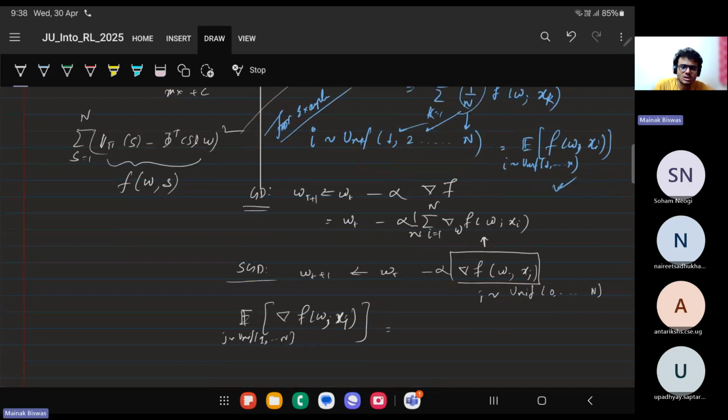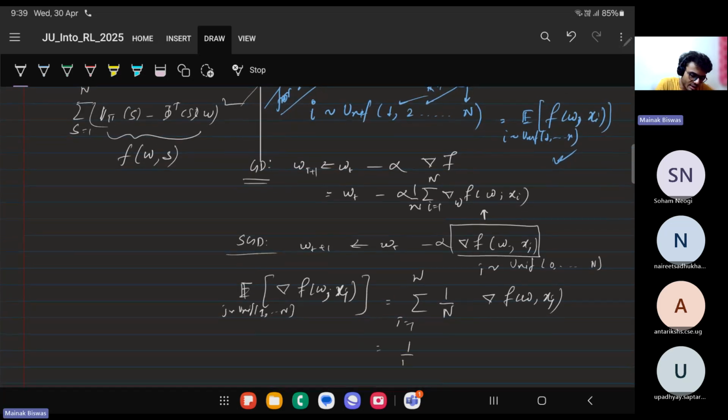It is 1 by N into the function value, summed over j equal to 1 to N. So 1 by N, sum over j equal to 1 to N, gradient of f W of x_j, which is equal to the gradient of capital F.